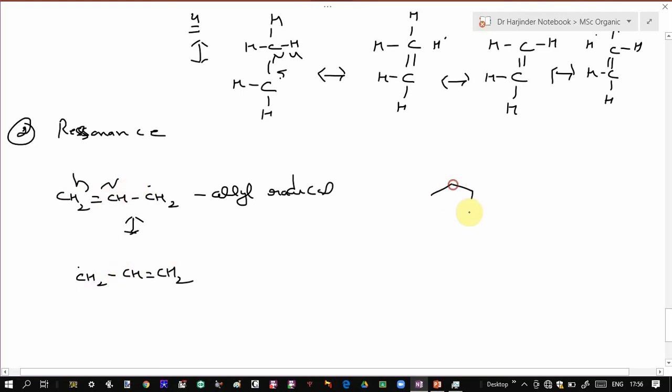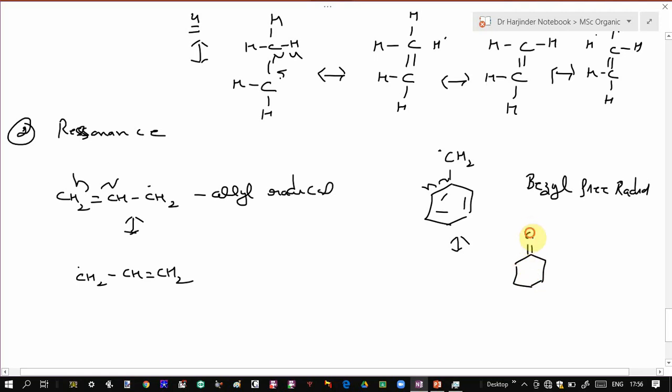While the benzyl free radical is more stable as compared to the allyl free radical because of more resonance structures. Here you can write more resonance structures. So simply, this bond undergoes a homolytic bond cleavage, so one electron here forms a double bond, and then this single electron rotates over the whole ring.